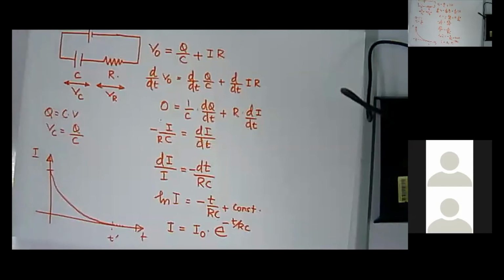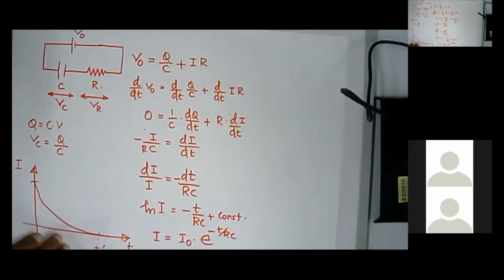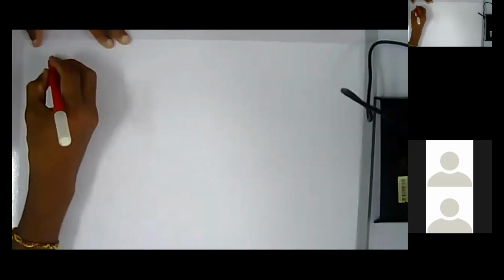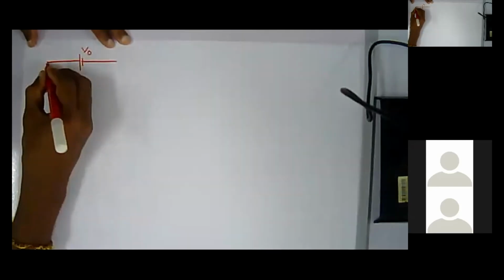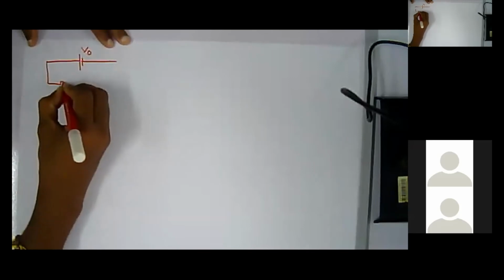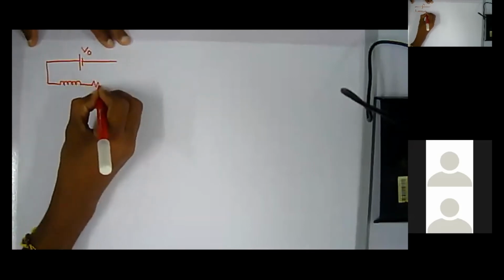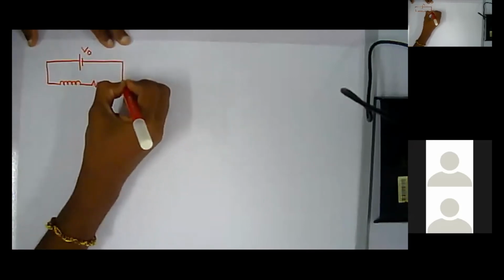Shall we try an LC circuit as well? That was an RC circuit. There's nothing different, the procedure is the same. Let's have a voltage V0, an inductor, and a resistor.